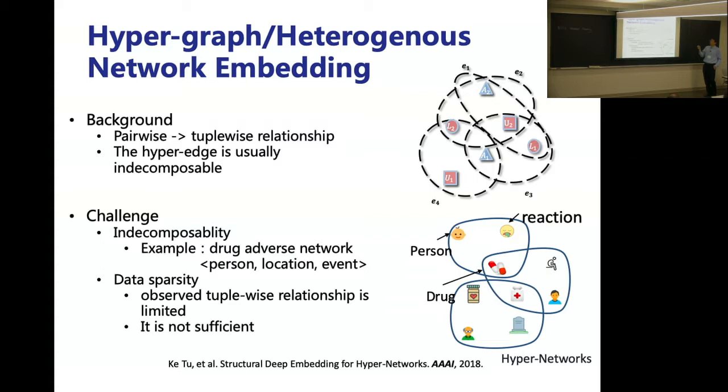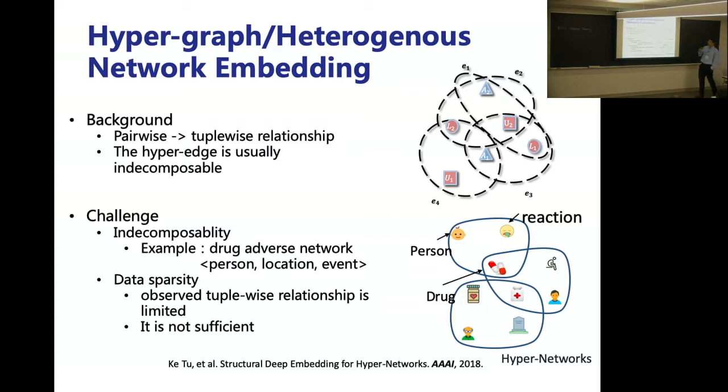For example, time is one dimension, location is another dimension, and the third dimension is the event. We want to see what happened at what time and what space. So these are triplet relations. Previous work decoupled them into pairwise relations. So they can do time and events, and they can do this very well on location and event. But once the three are together in a graph, there is no such work on how to do the embedding.